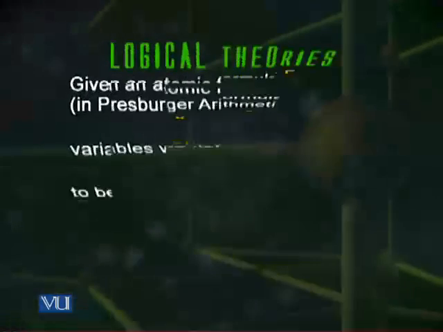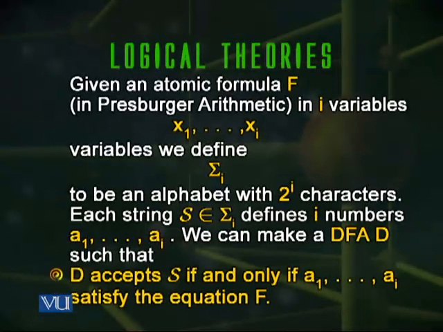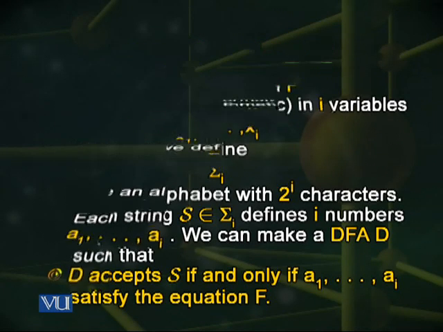This DFA will accept a string if and only if it corresponds to I numbers that satisfy this atomic formula. So our goal is to make a DFA D such that D accepts S if and only if A1 up to AI satisfy the equation F. As long as F is an atomic statement in Presburger arithmetic, we can make a DFA that does this.